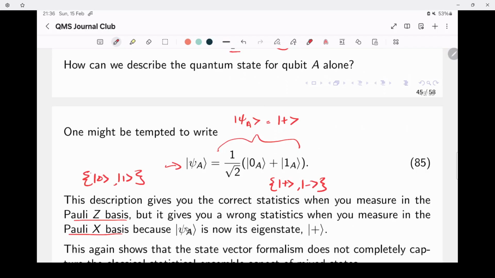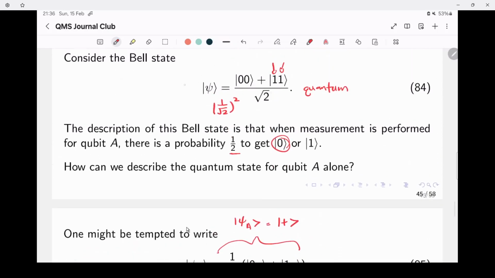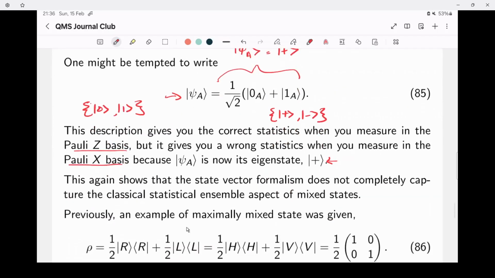So then it gives you the wrong statistic because when you perform this kind of measurement, you have 100% of getting the plus state. Whereas for the Bell state description, it doesn't matter which basis you are trying to measure, you always get probability half of getting one of it. So that's why state vector formalism does not completely describe the classical statistical aspect of mixed states.